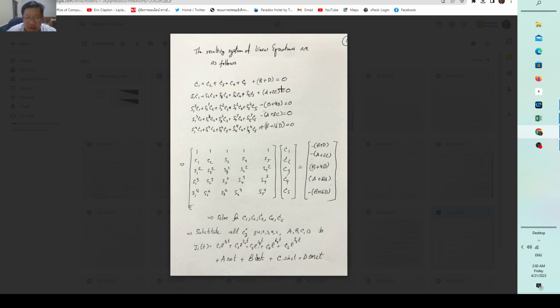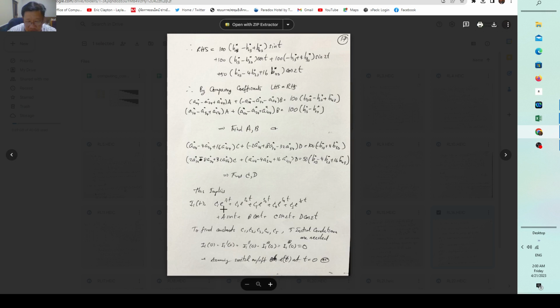The second equation, how do you get s1, s2 multiplied here? Easily from the derivative of c sub 1 e to the s1t. Once you find the first derivative, you get c sub 1 times s sub 1 e with exponent s1t. The same for the second term up to the fifth term.